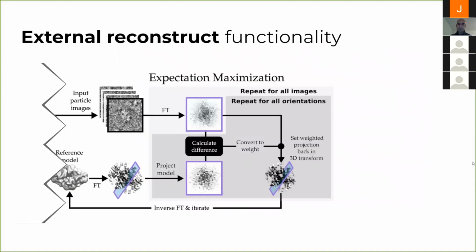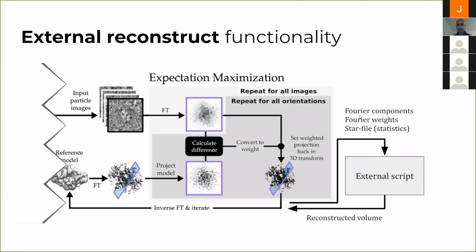Now, this project was enabled by a newer functionality that was introduced into Relion called the external reconstruct functionality. If you remember this, if we just focus on the expectation maximization iteration, the external reconstruct functionality allows users to replace the maximization step.